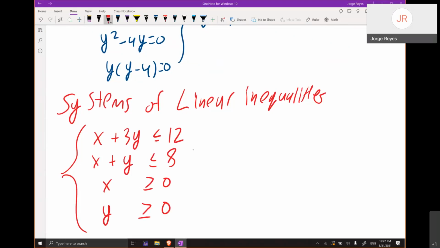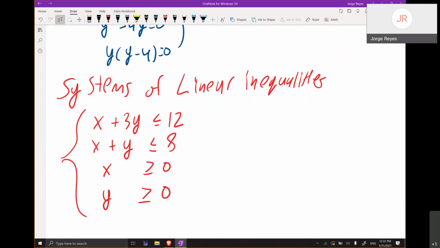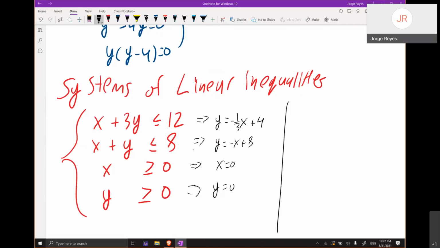Right, so here I have 4 inequalities. What's the system? Well, what you're gonna do is you're just gonna graph all of the lines, okay? And since they're lines, you know how to graph them, right? So x equals 0, y equals 0, y equals negative x plus 8, y equals negative 1/3 x plus 4, okay?